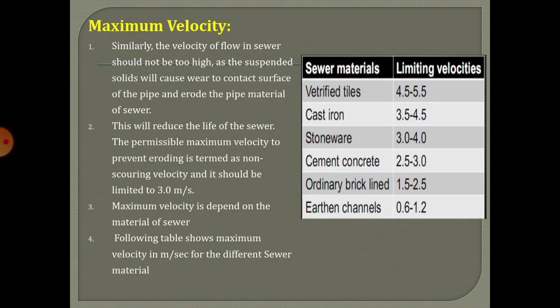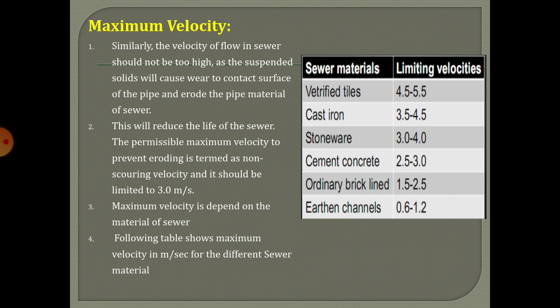Then the maximum velocity. The velocity of flow in the sewer should not be too high, as the suspended solids will cause wear to the contact surface of the pipe and erode the pipe material of the sewer. So while designing the self-cleansing velocity, we have to see that it should not be too high, so that it will not cause erosion by the suspended or deposited particles to the sewer material.